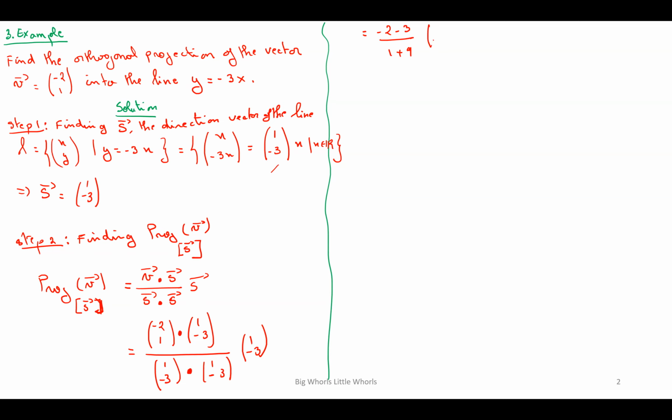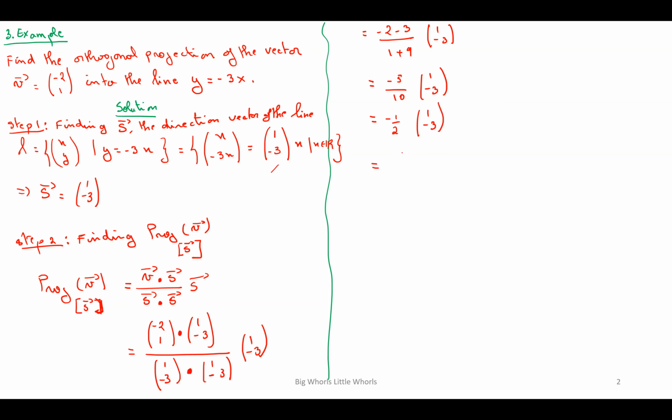We know how to do the dot product. This is minus 5 over 10, which is minus a half, multiplied by (1, -3).